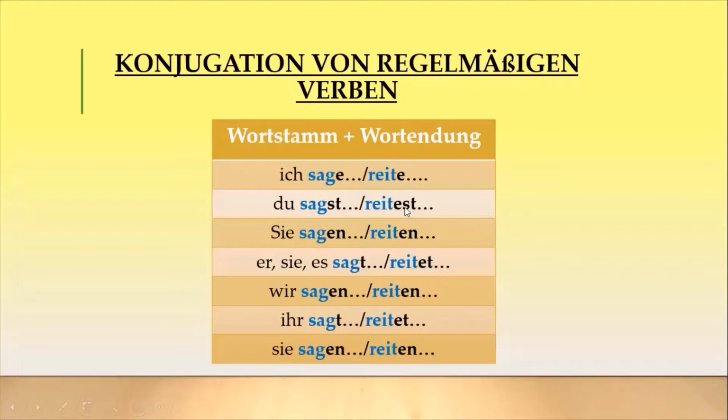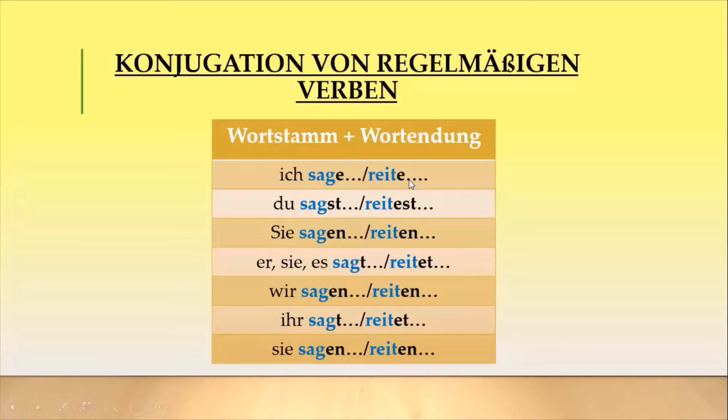So the differences are that the second person singular gets an E, as you can see here, before the ST. And the third person singular, he, she, it, also gets an E before the T. The rest of the forms are similar to the way sagen is conjugated.